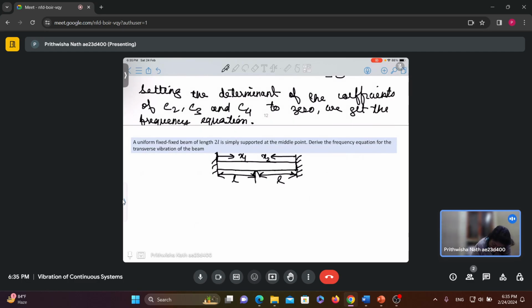So I'll first write the normal mode here, w1 in terms of x1: C1 cos beta x1 plus C2 sin beta x1 plus C3 cos hyperbolic beta x1 plus C4 sin hyperbolic beta x1.